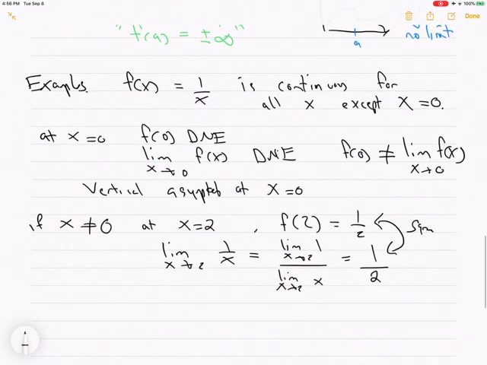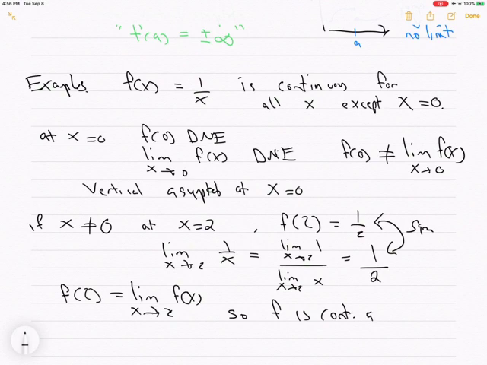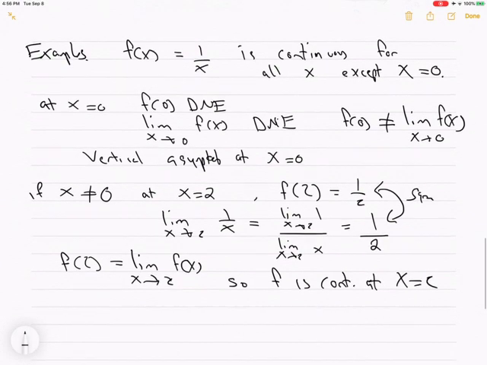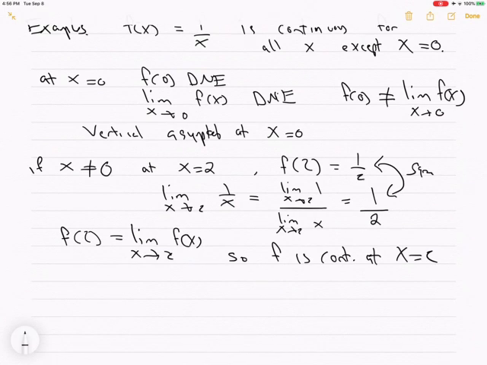And therefore f of 2 is equal to the limit as x approaches 2 of f of x. So by definition, it's continuous at x equals 2.